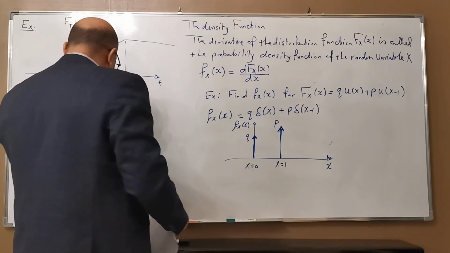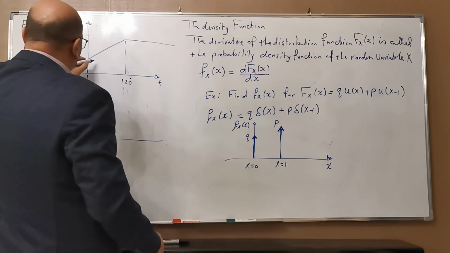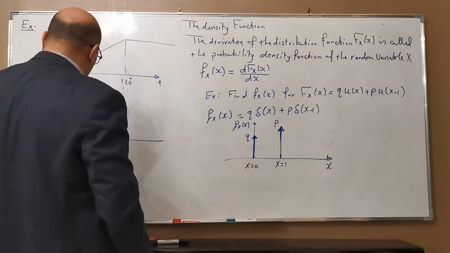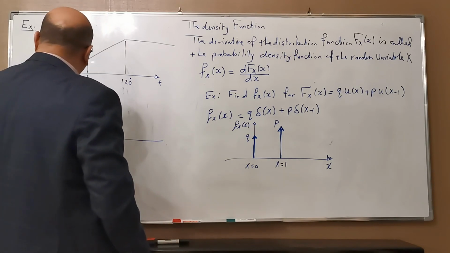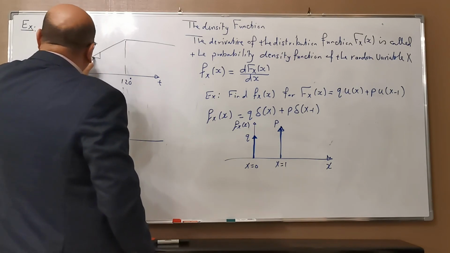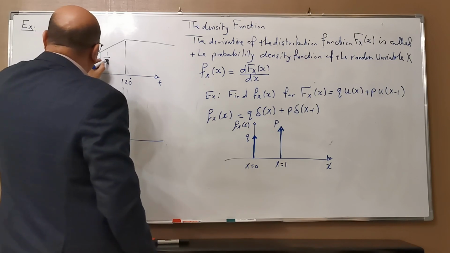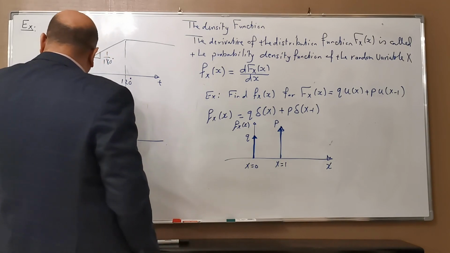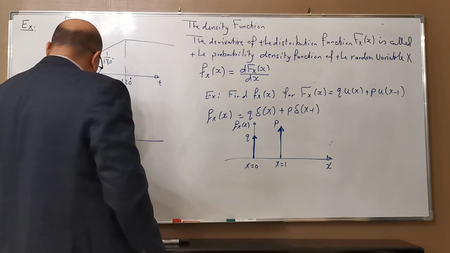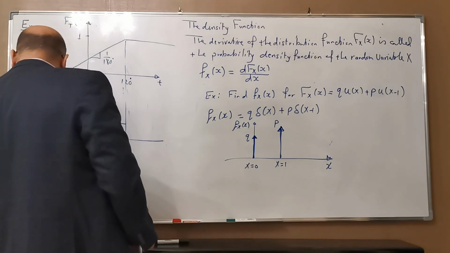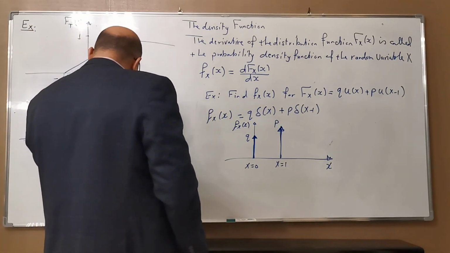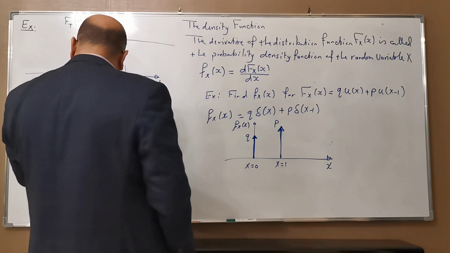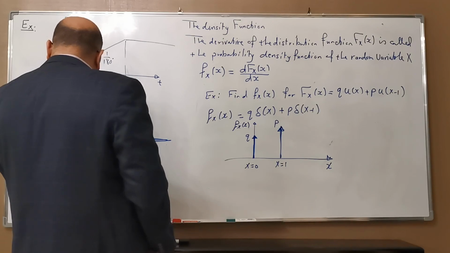If we need to find the derivative of this one, the derivative will be the slope, which is equal to 1 over 180 between those two, and 0 outside.